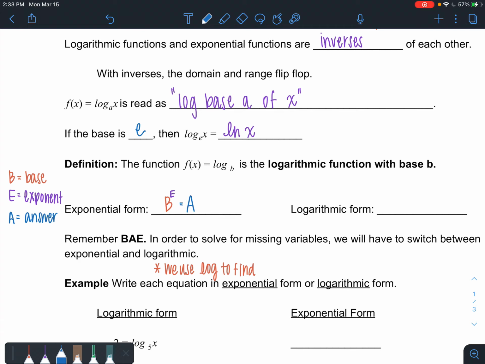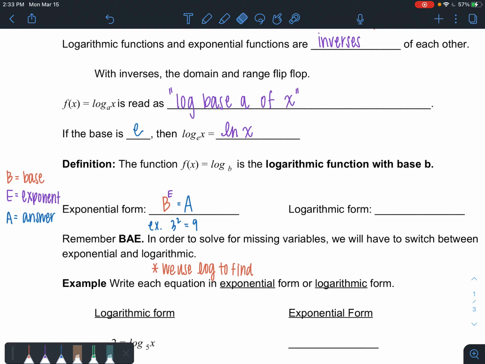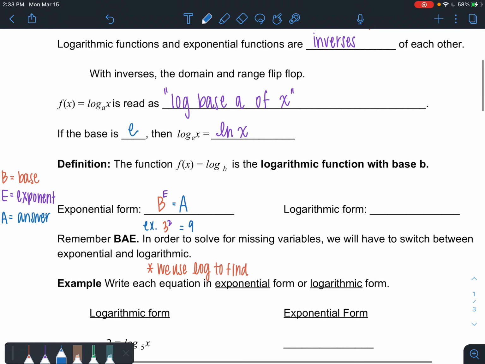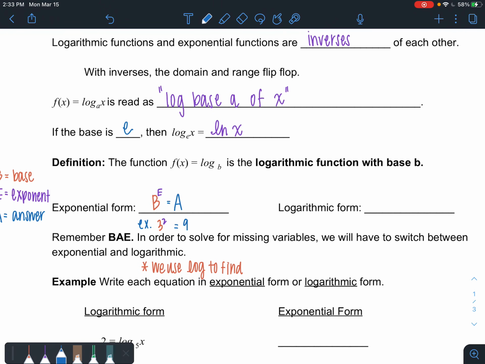Okay, in logarithmic form, let me actually color coordinate this here. So that's 3 to the 2 equals 9. And then in logarithmic form, what I do is I write it as log base b of a equals e.